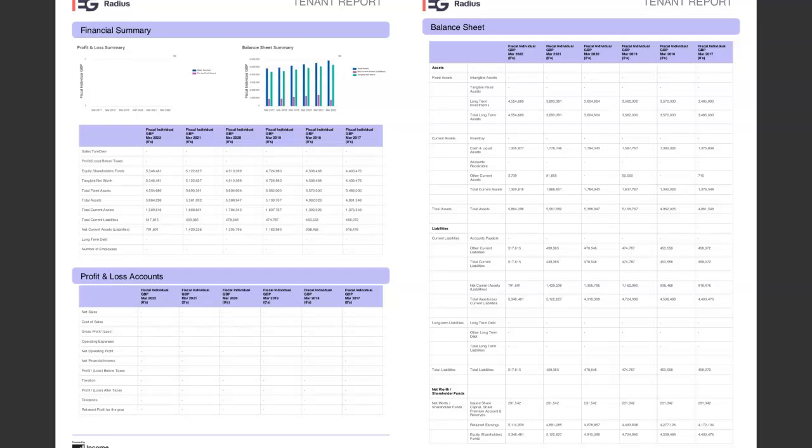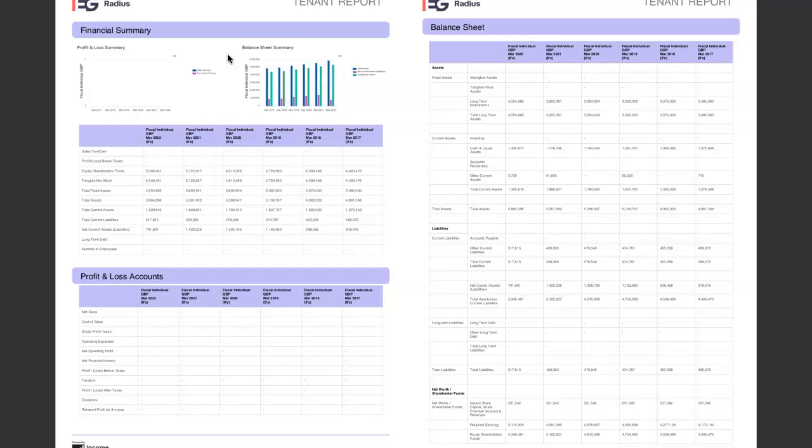We've asked EG to evaluate the owner and also the probability of the tenants defaulting on a number of properties.